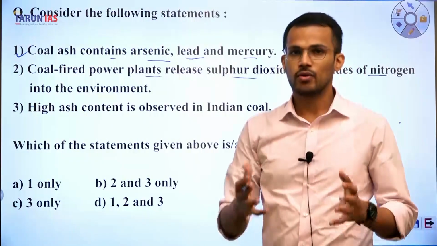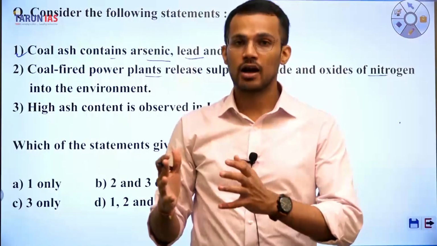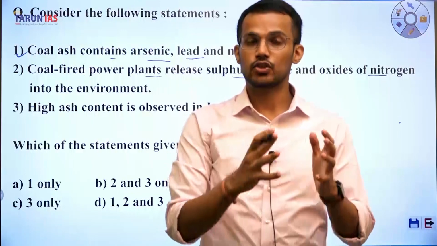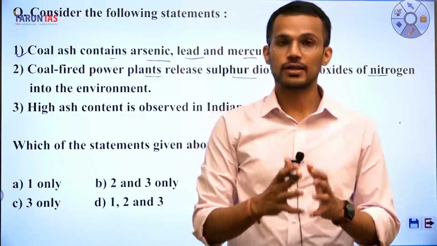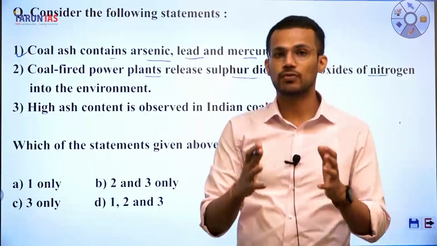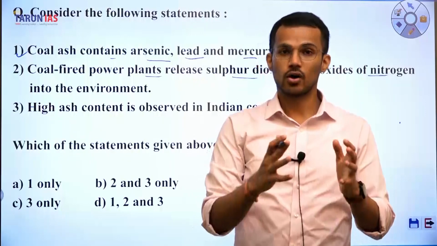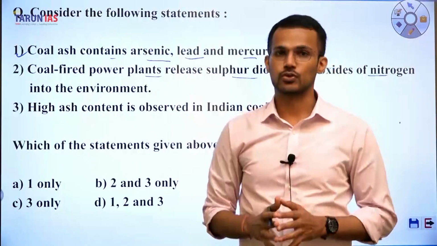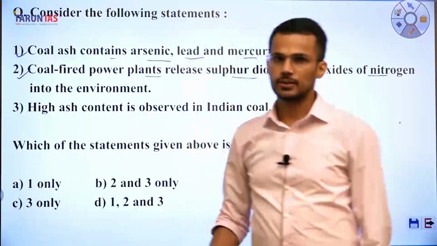We know that the prime source of sulfur dioxide and oxides of nitrogen is the use of fossil fuels, and coal is one of the fossil fuels. If coal is used to produce power in thermal power plants, it obviously will release oxides of sulfur and nitrogen, and that's why the second statement is also correct.